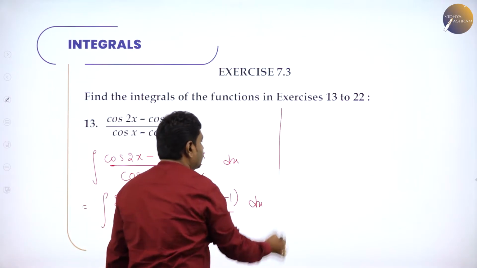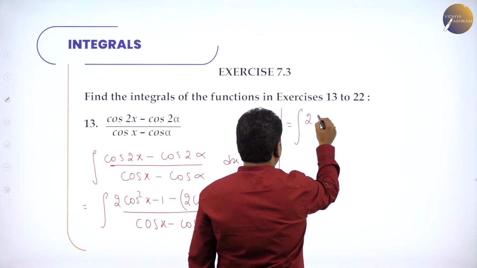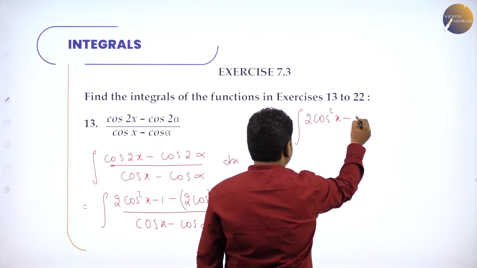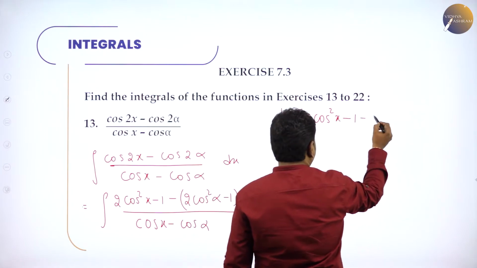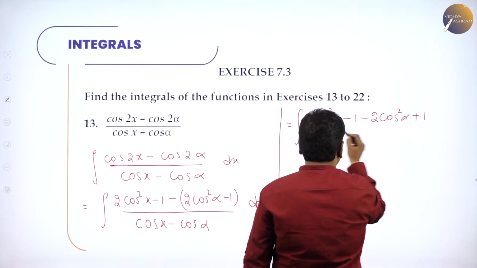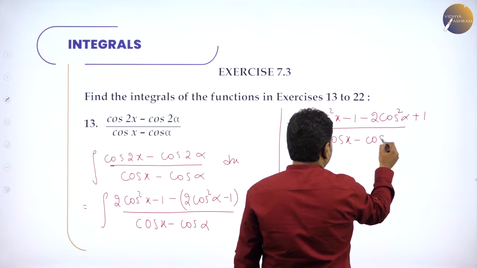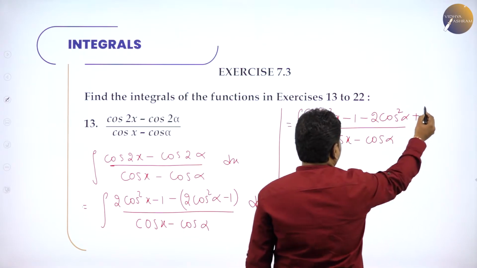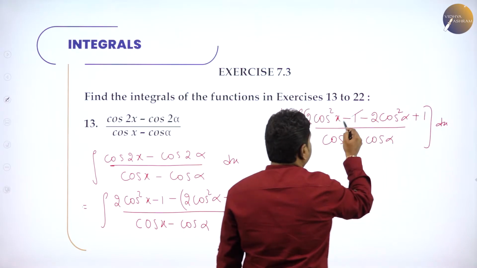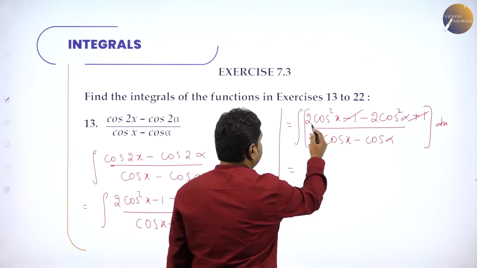In the numerator we have the integration of 2 cos square x minus 1. Open the brackets, it will become minus 2 cos square alpha, minus into minus becomes plus 1, divided by cos x minus cos alpha with respect to what? dx. So now you can cancel plus 1 and minus 1, and further you can take 2 common.